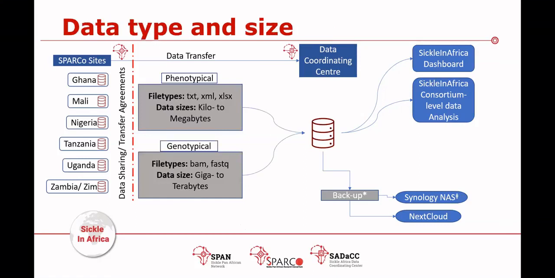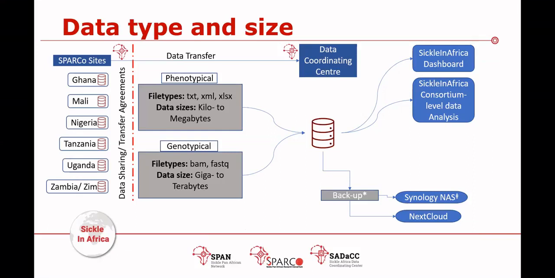So what data will be transferred? It will be phenotype data and genotype data eventually. For phenotype data, the file types are text files and XML files. XML files come from REDCap, for example. XLSX files are Excel sheets.